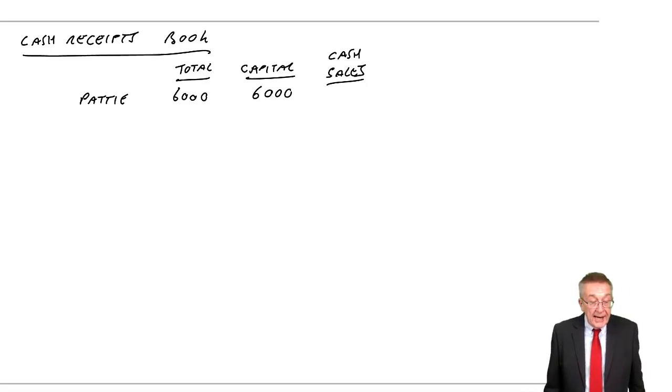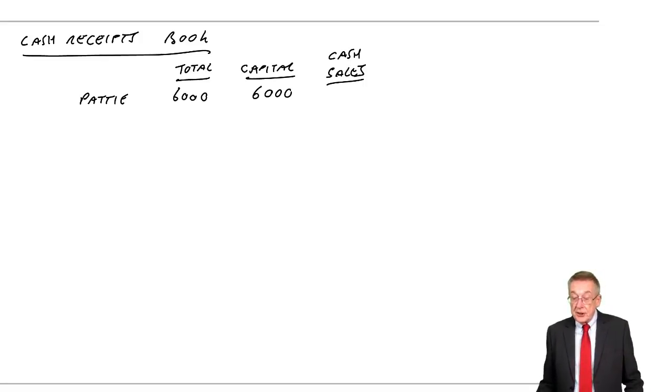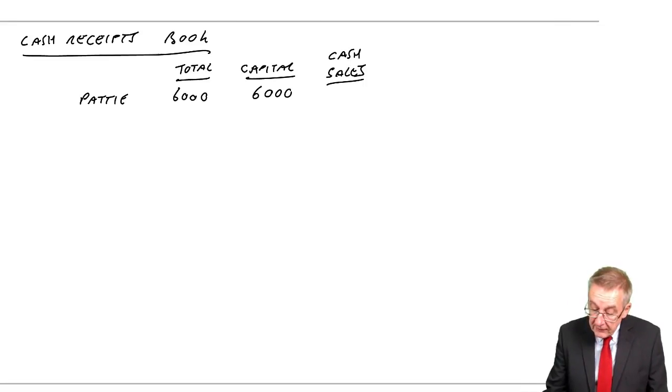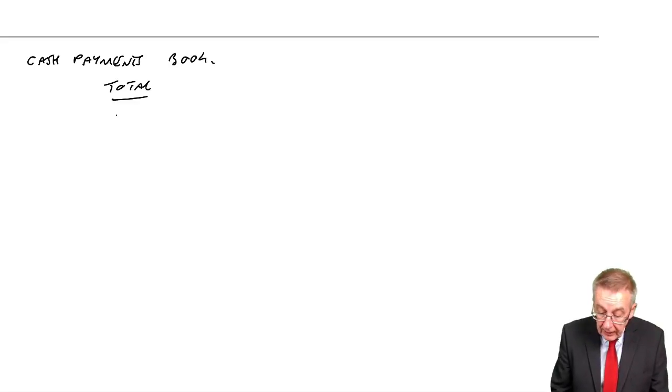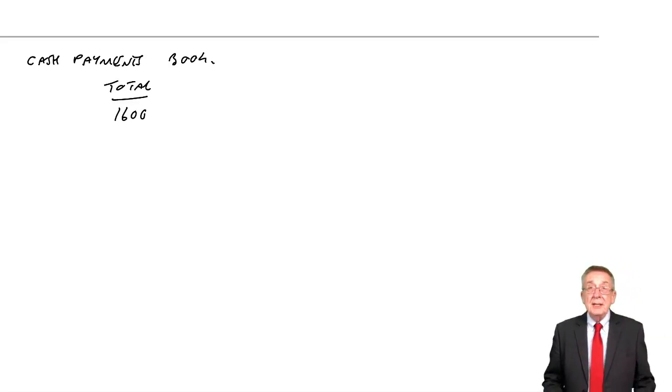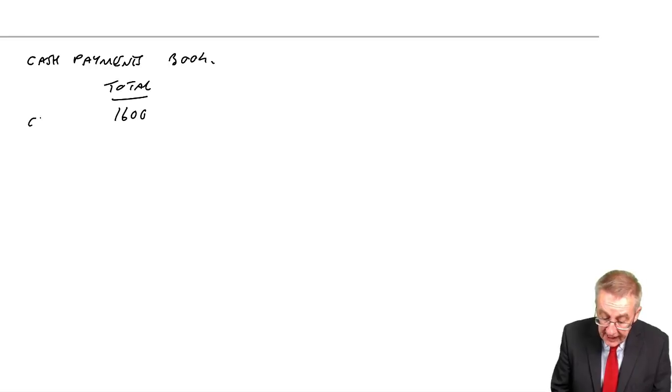B, we buy chairs for 1,600 cash. Well, of course, that's a payment of cash, so we'll record that in the cash payments book. And in a similar way, we'll have a total column. We've paid 1,600. I'll put against it chairs.